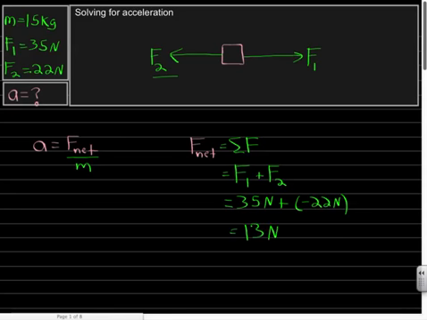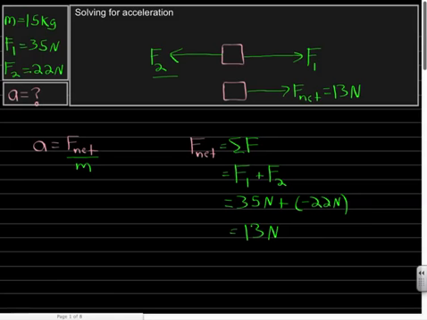So we now know our net force is 13 newtons to the right. That means this object is really only experiencing a net force of 13 newtons. That's all it really feels, because all the forces cancel out and only 13 newtons are left over.